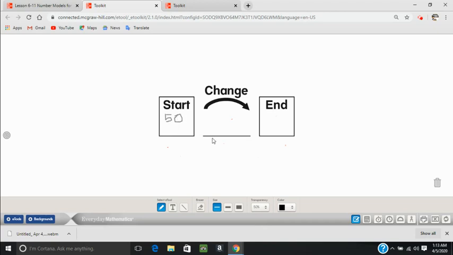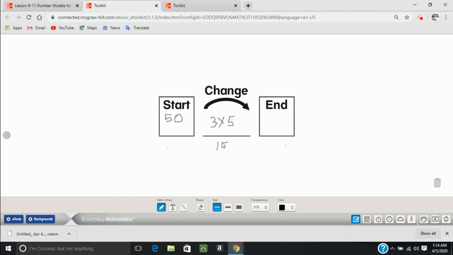The change was how much he spent. Well, it said that he spent 5 cents each on the 3 erasers. So 3 times 5. And that will tell us how much he spent. Well, 3 groups of 5 is 15.